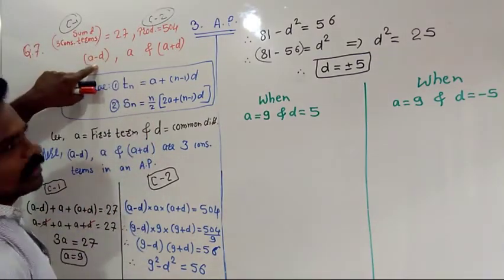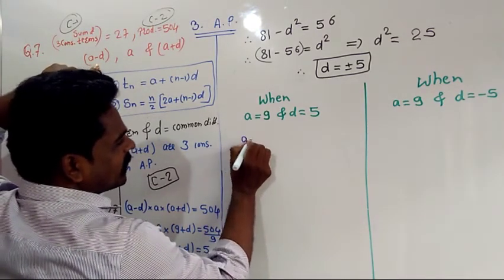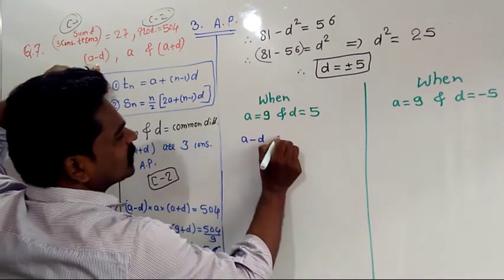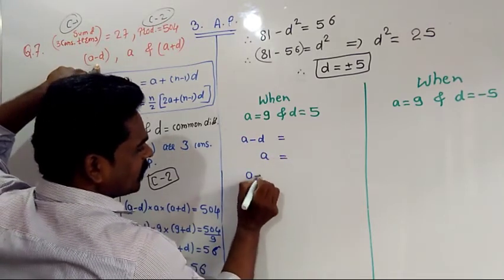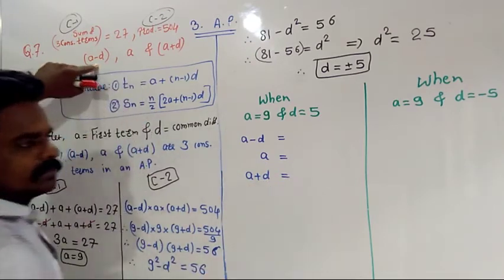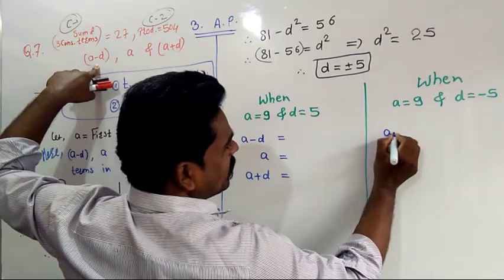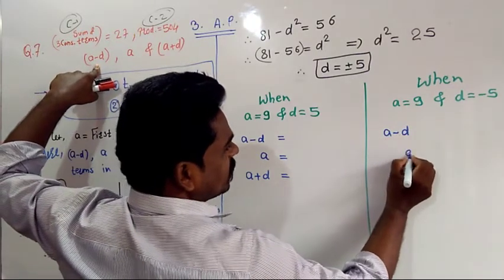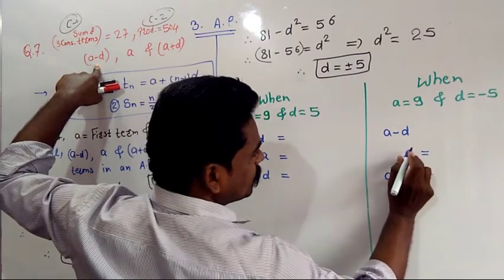These are three consecutive terms. What are the three consecutive terms? A minus d, then a, then a plus d. On that side also we will get three terms: a minus d, a and a plus d. No problem.